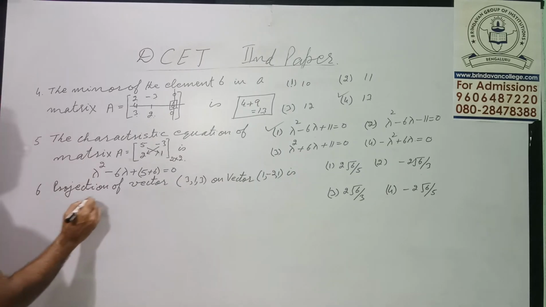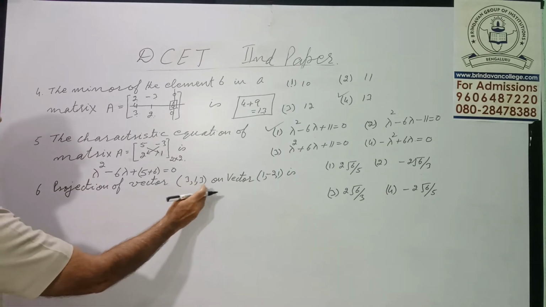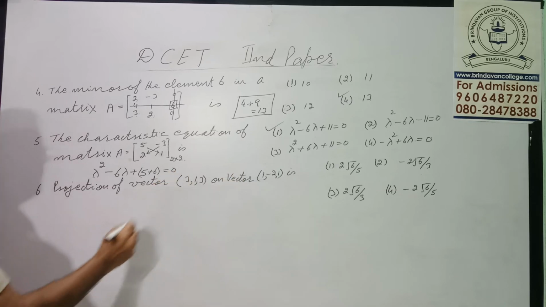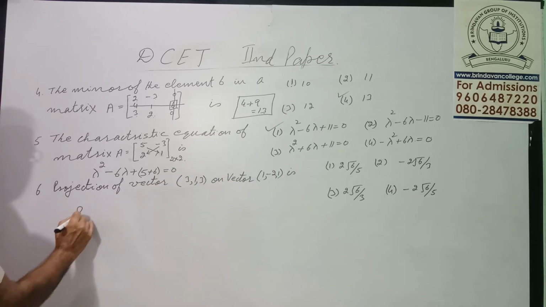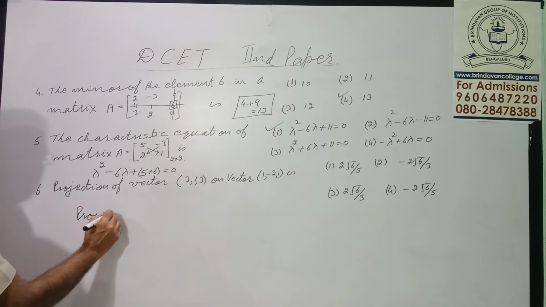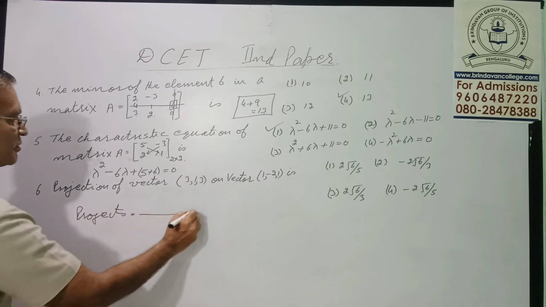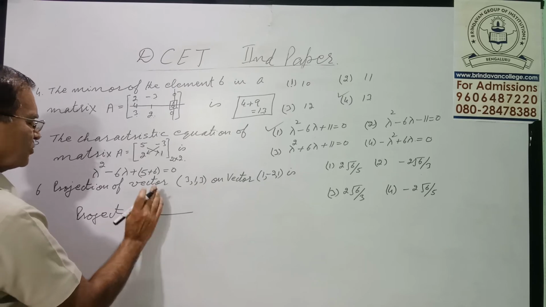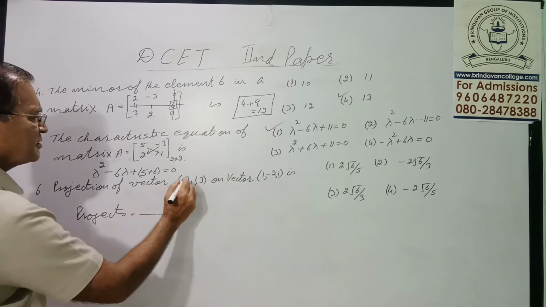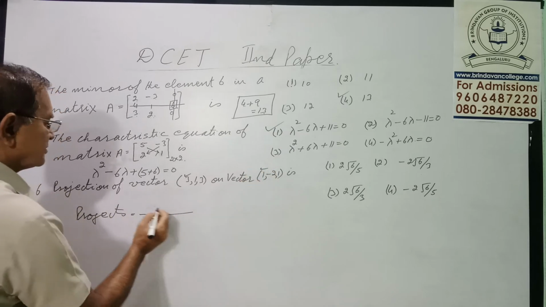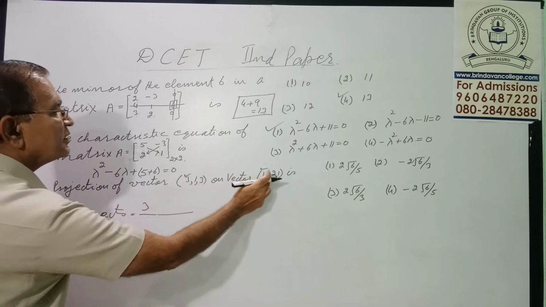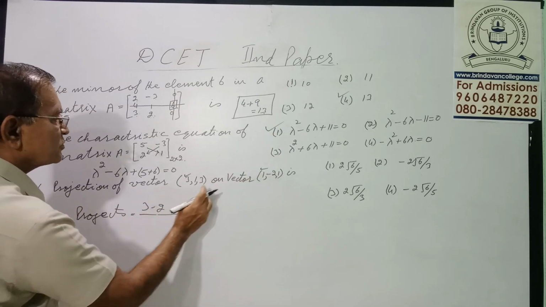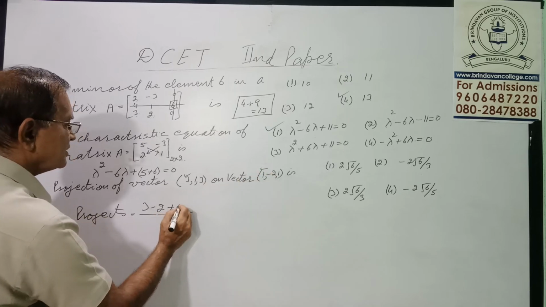Then 6, projection of a vector on this is. So we want the projection. The identity for projection is the dot product of the vectors, divided by the modulus. Don't need to write, directly go for the dot. 3 into 1, 3. 1 into minus 2, minus 2. 3 into 1, 3.